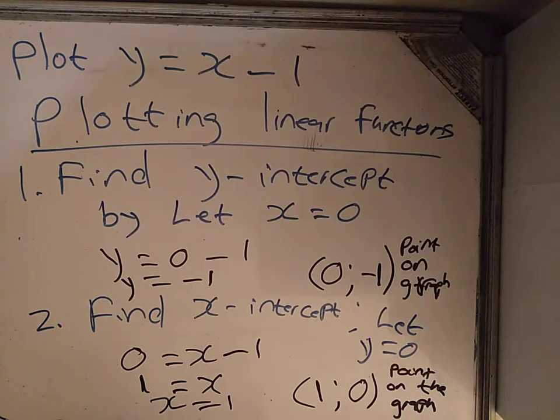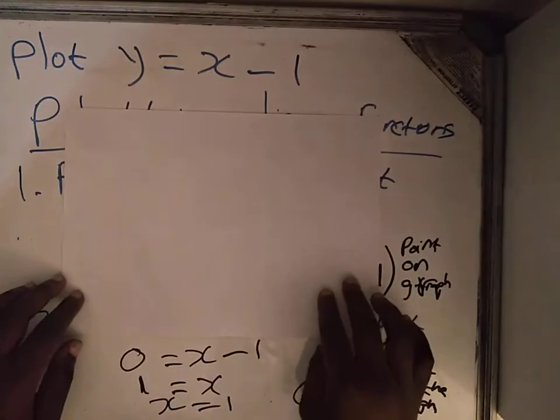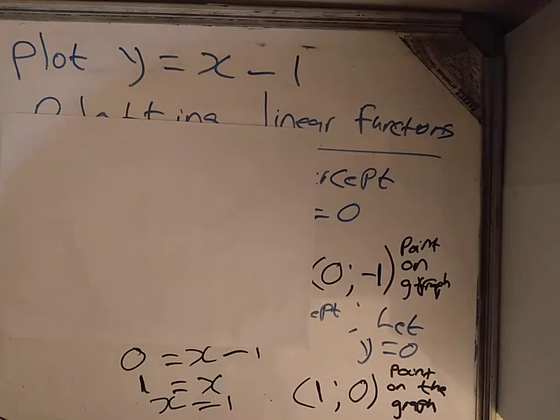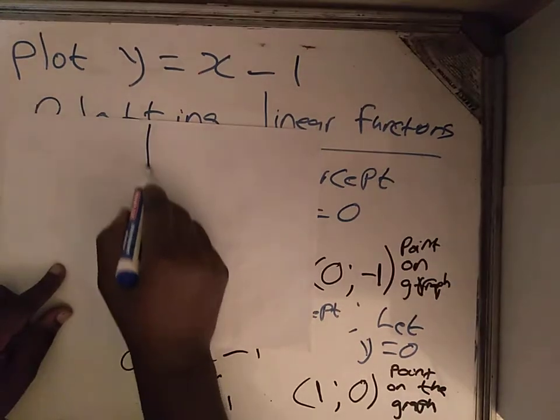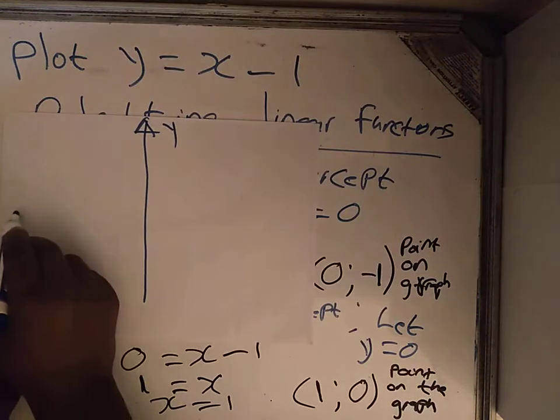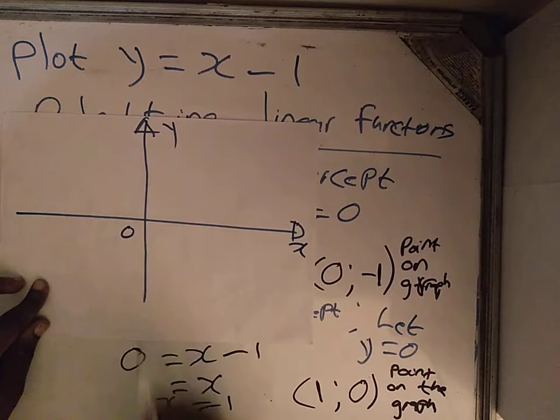Okay, so how do we plot it? Let us see if we can find something that we can plot on. Okay, let's try this one. Okay, here are the points. We have them. It's this one and this one. Okay, so we've got our y here, and then we've got our x-axis here, and then we've got 0.